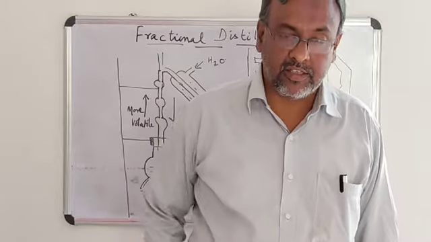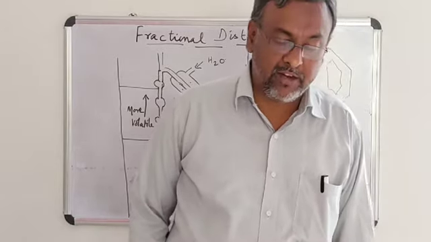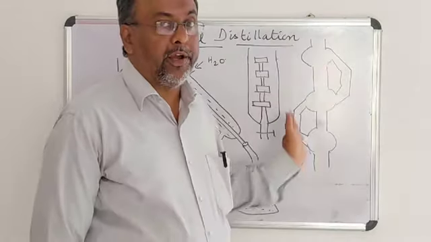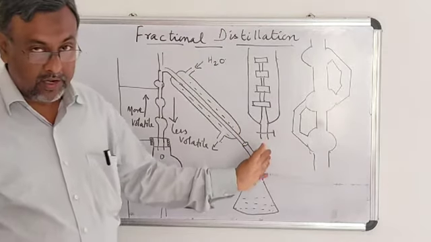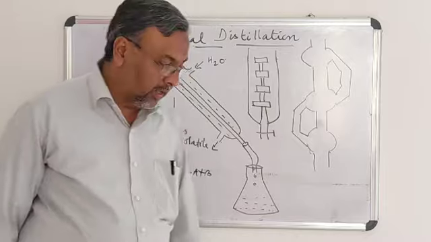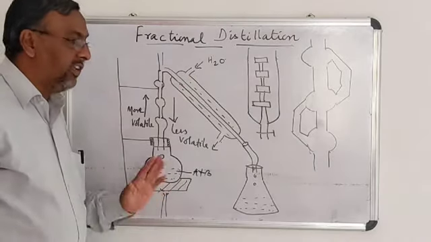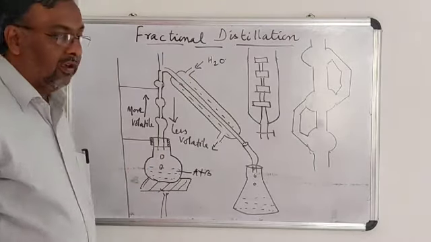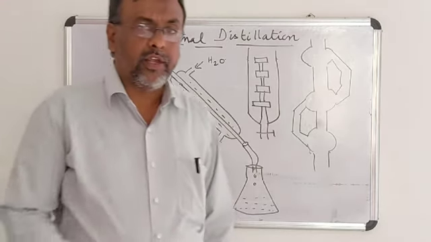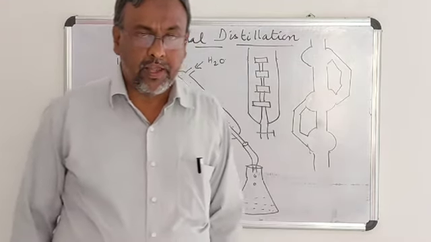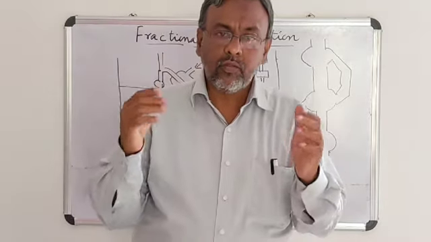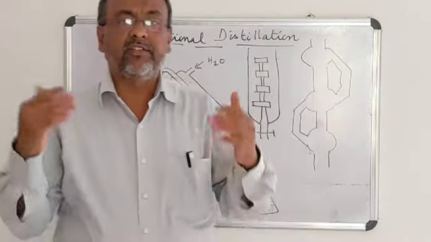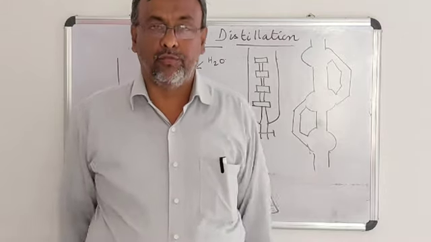The fractional distillation process can be explained by the boiling point composition curve, which we used previously. That is one method, and this fractional distillation setup is the easiest method. We can do it in our laboratory, where we have fractionating sets of different volumes.